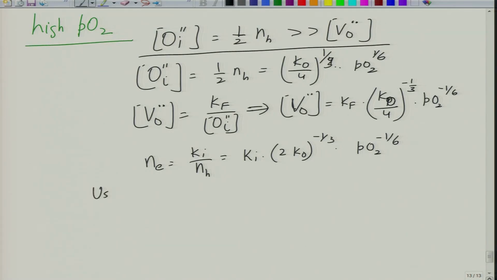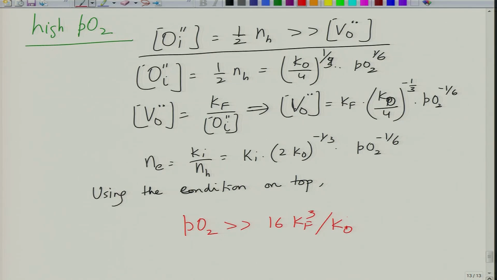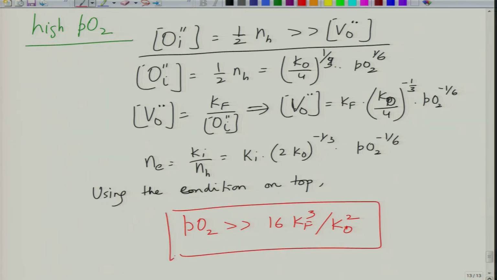So, again using this equality on top and concentrations of OI and VO, we can determine that PO2 will be, in this case, greater than 16 Kf cube divided by KO square. So, partial pressure of oxygen must be greater than this number. In between the two, we will have the stoichiometric region.